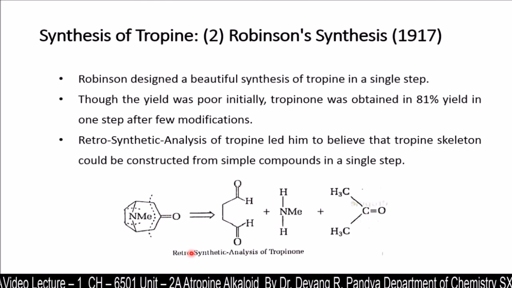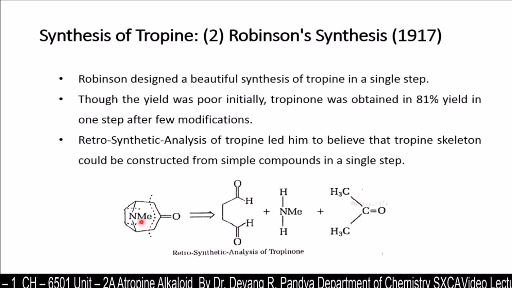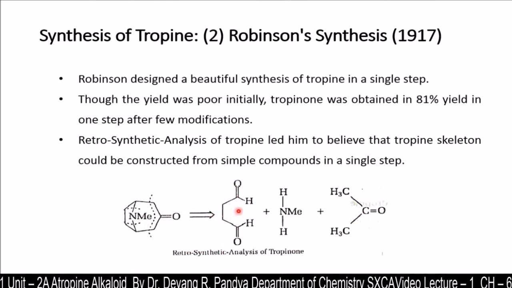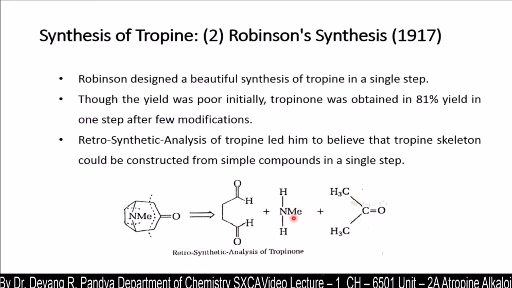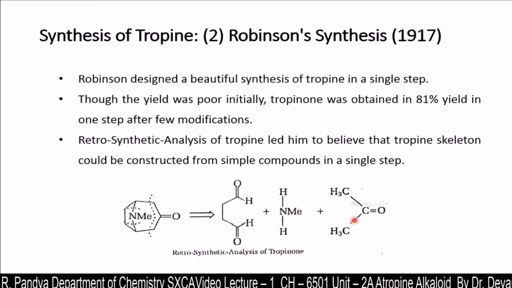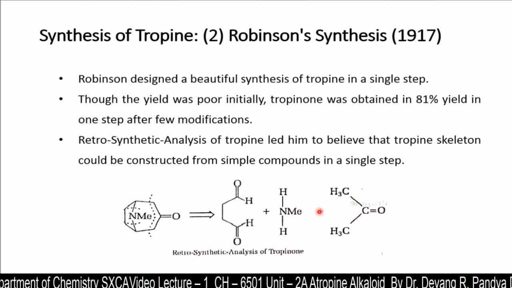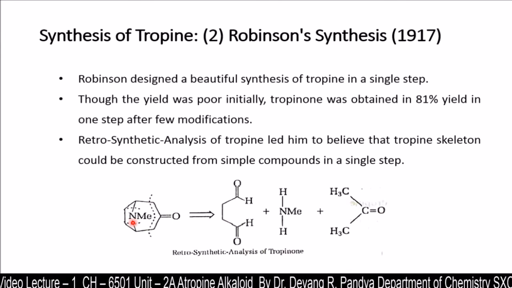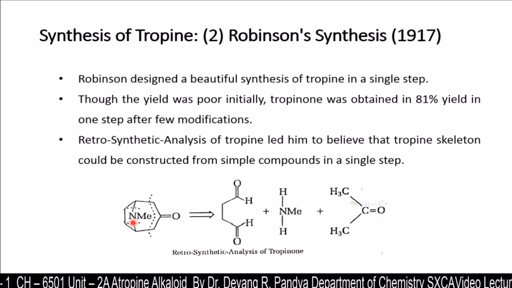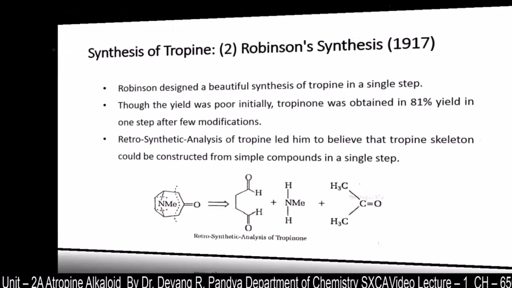So this is the retrosynthetic analysis of tropinon: it gives this dione, methylamine and this ketone, and treatment of these three will give us this target molecule, tropine, in one single step.